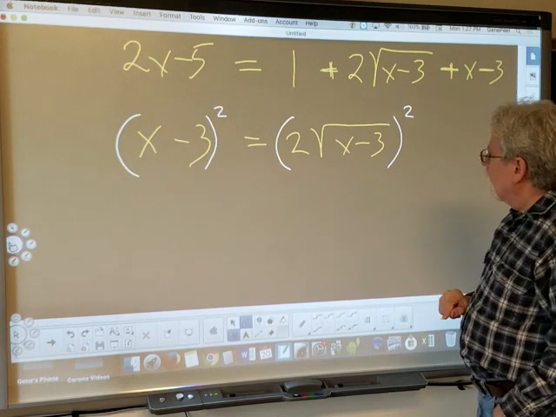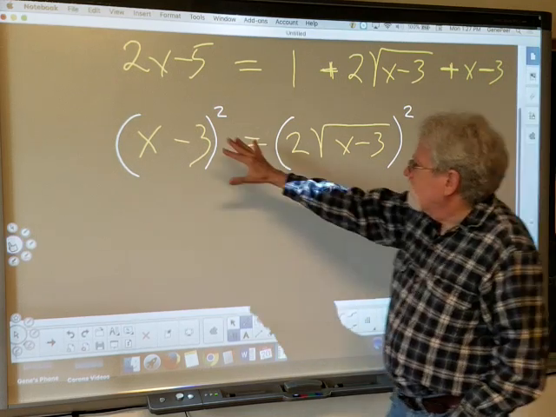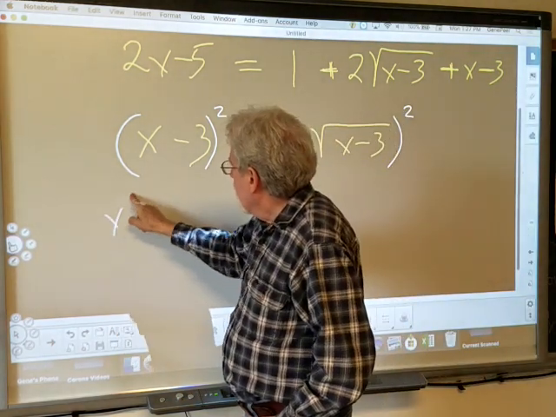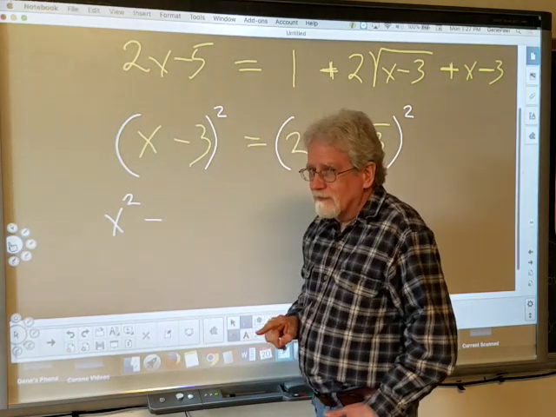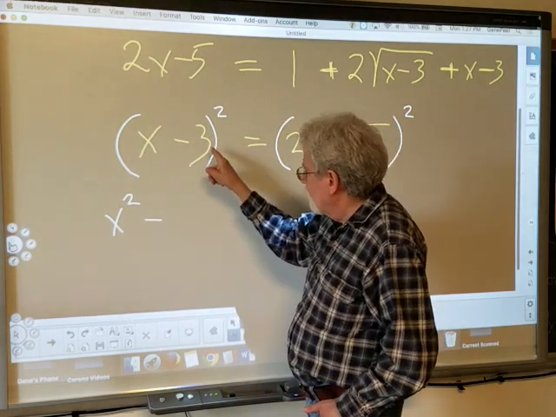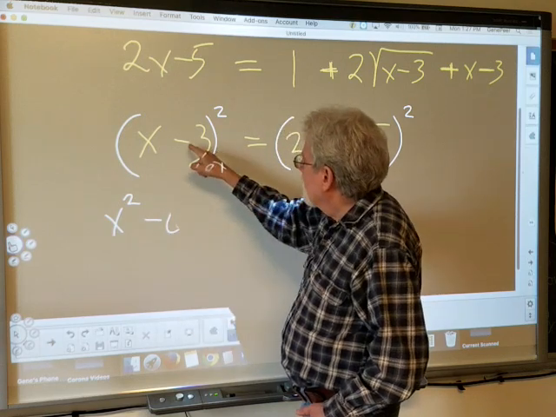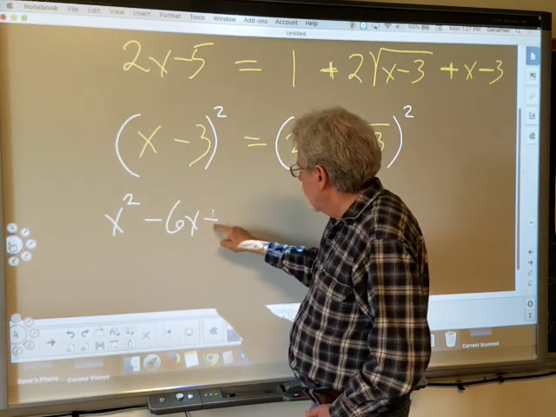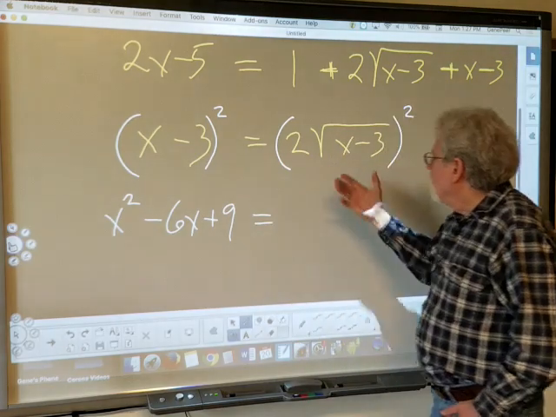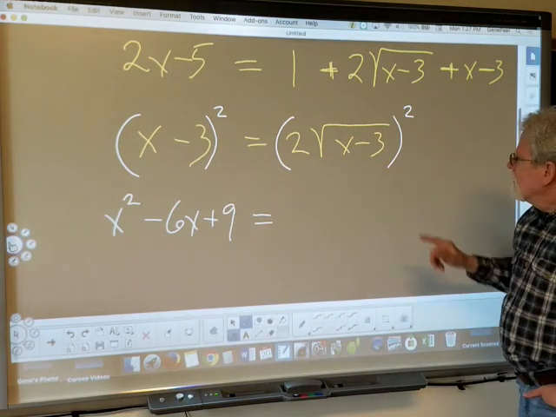We square both sides. On this side, we get x squared minus what? Minus 3 times x doubled is minus 6x. And then square the minus 3, we get plus 9. On this side, we've got to be very careful.